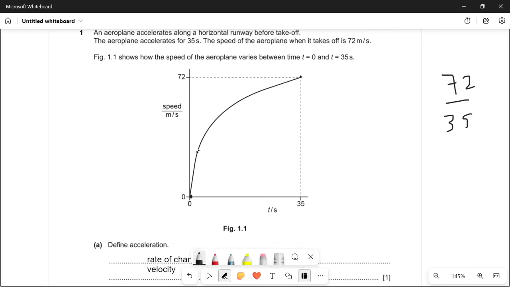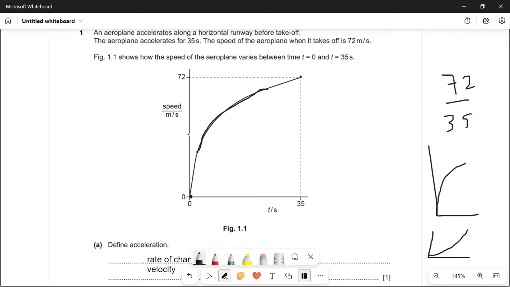Now we have to draw this curved section. This curved section of the graph represents decreasing acceleration. If the graph is going like this, that means the slope is decreasing. But if the graph is going like this, that means the slope is increasing.